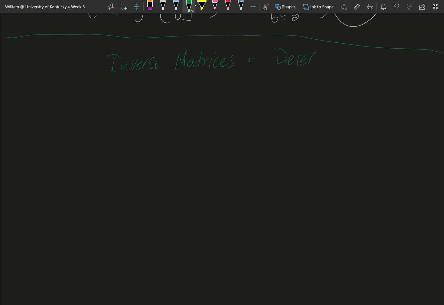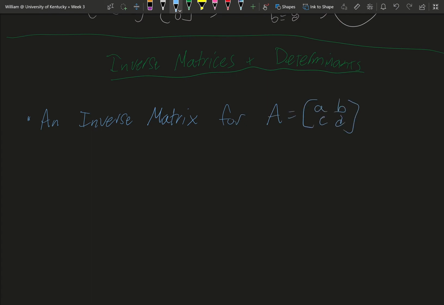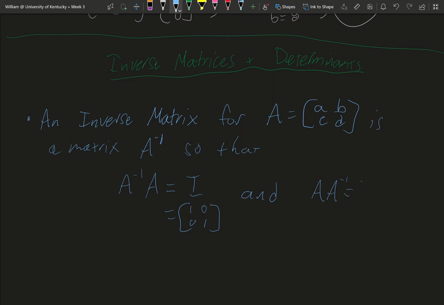And determinants. So an inverse matrix for A is a matrix which we call A inverse, so that A inverse times A is the identity matrix, which remember is this thing, and A times A inverse is also the identity matrix.